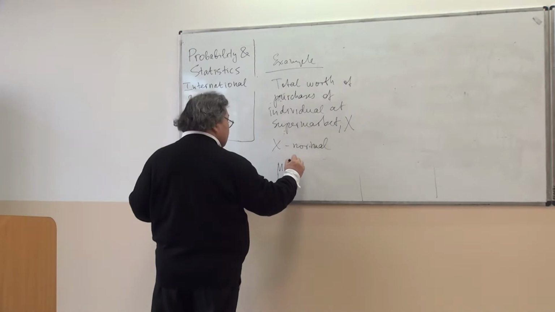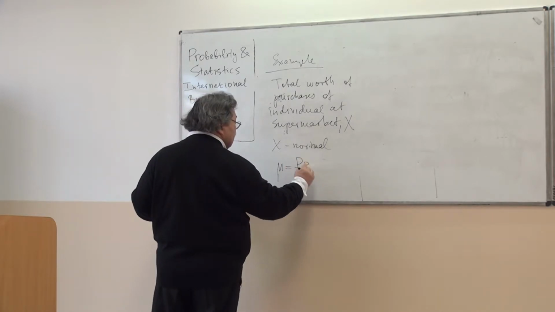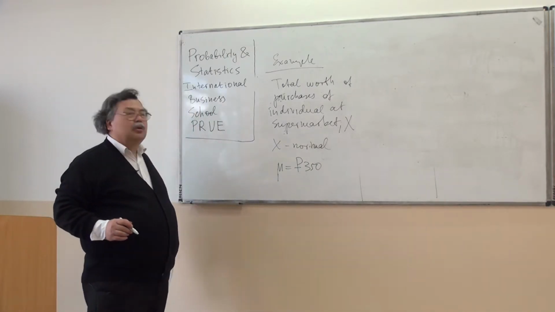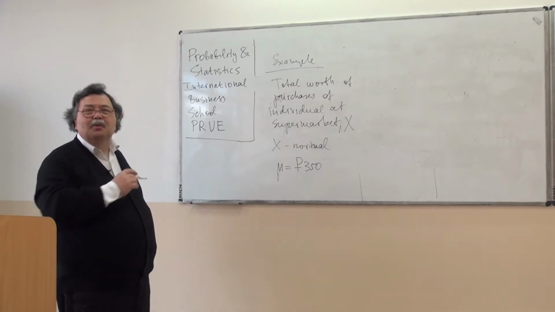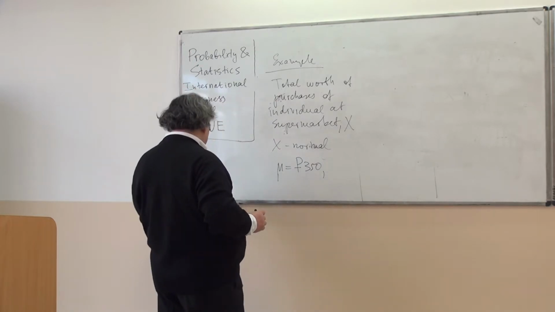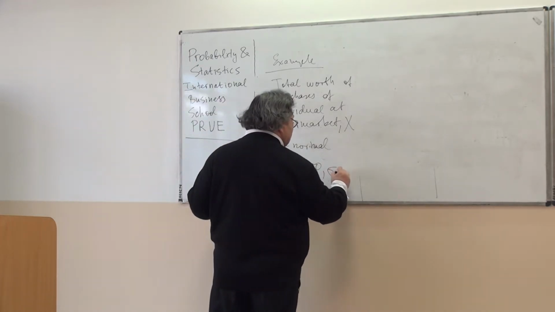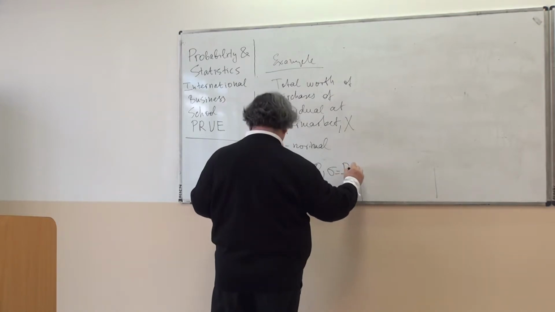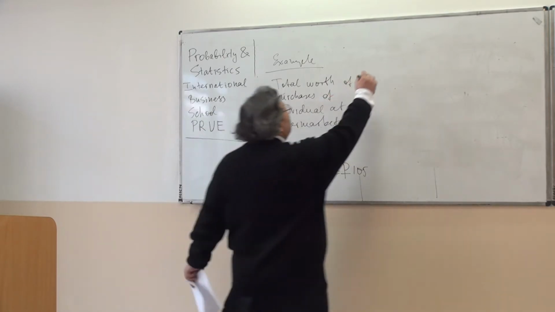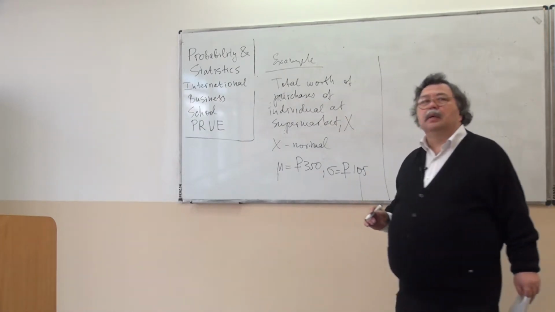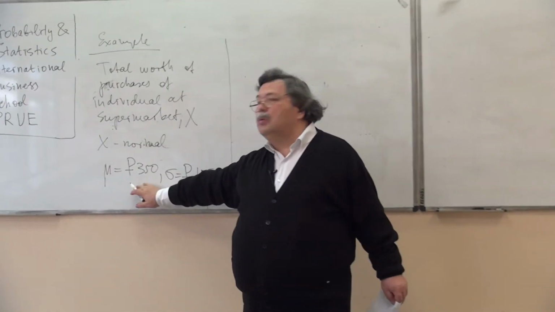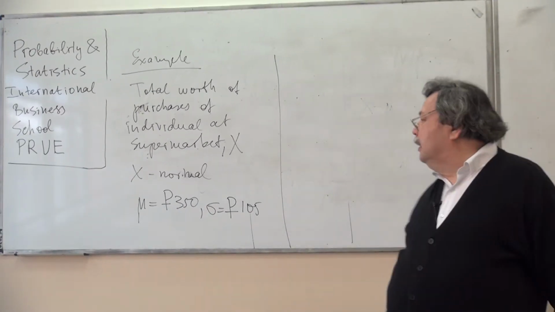I'm not accustomed to this symbol, and I'm not sure you're accustomed either, but this is the ruble. And mu is 350 rubles, and sigma is 105 rubles.